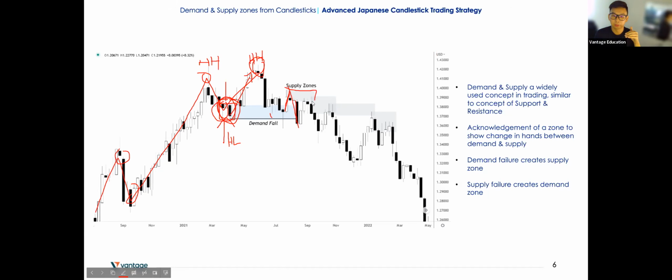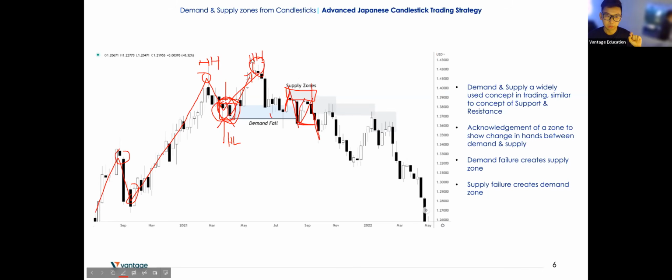This gives us information that this is a zone where sellers are entering the market. And if prices were to ever retrace back to this level, that's where we can re-enter and take a position. So same thing again, buyers enter the market, sellers came in here to push the price below this level. Some of you might be familiar with terms like break of structure.